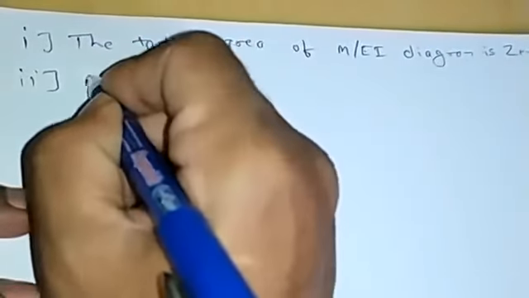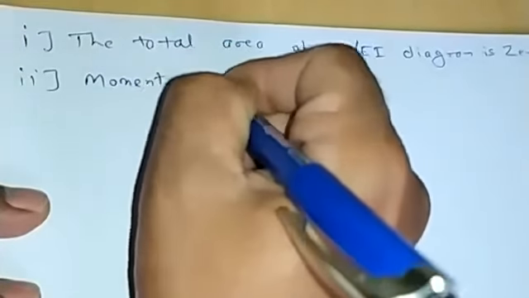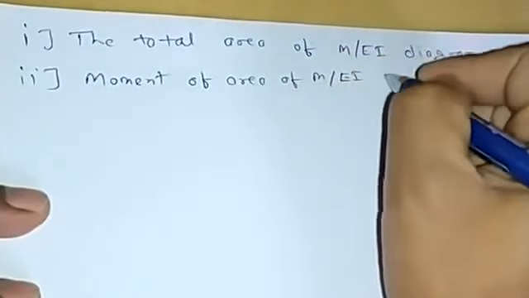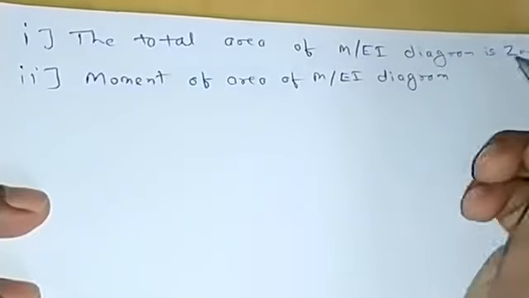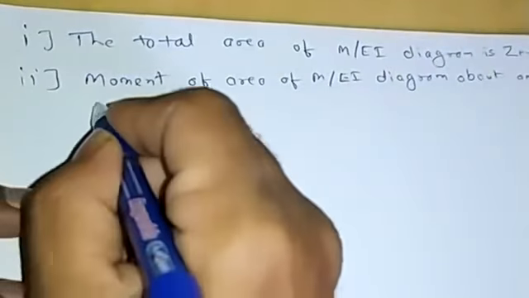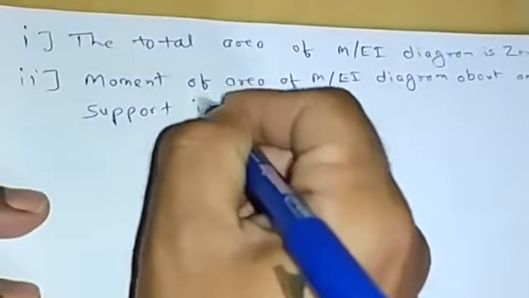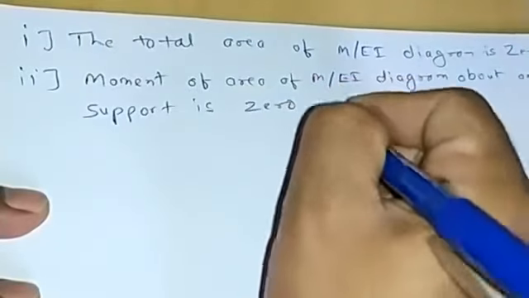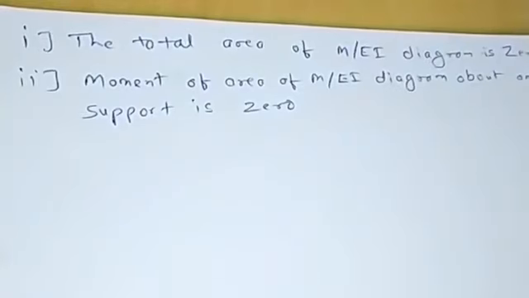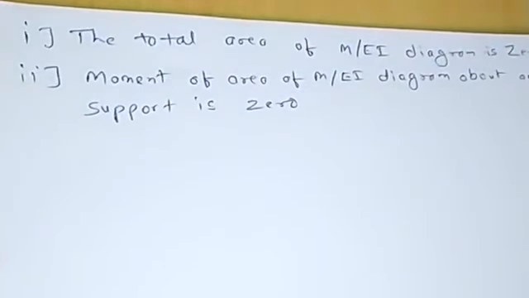Then you need to calculate the moment of area of the M by EI diagram about any support, which is also 0. So this is what we have to keep in mind.